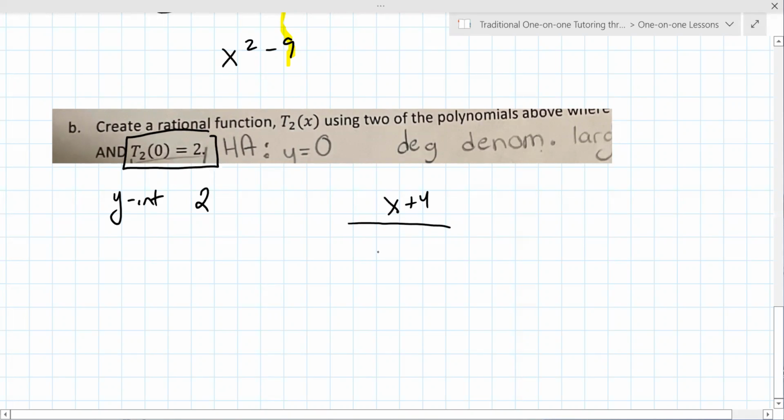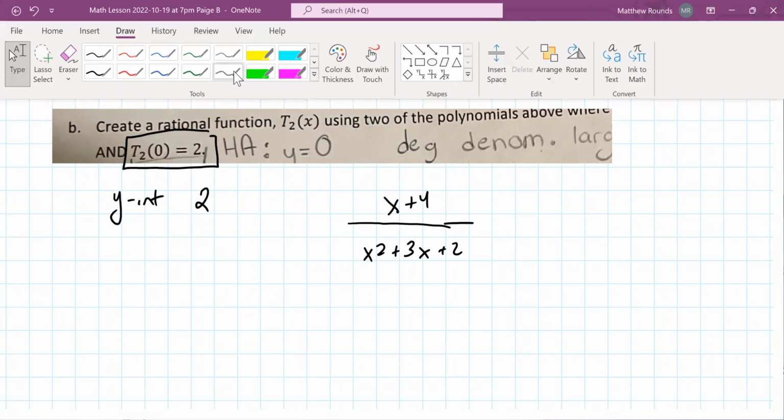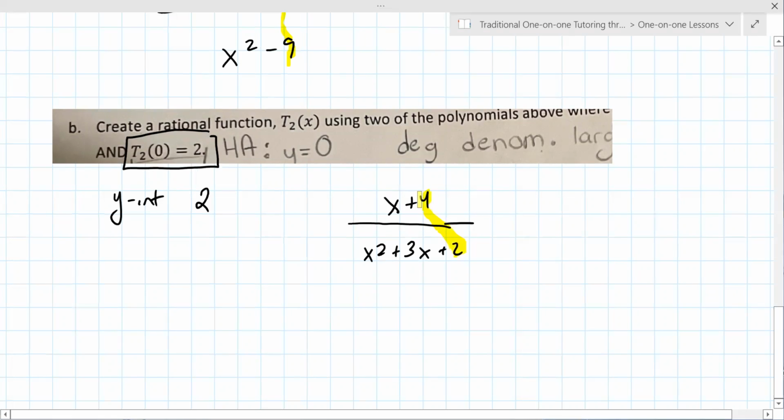And I know you keep factoring it, but I'm going to look at the non-factored form, x squared plus 3x plus 2 in the denominator. That's the only way you get 2 as a y-intercept. There's no other ratio of 2 numbers, because you'd have to have a 6 and a 3, or an 8 and a 4. You'd have to have one number double the other. All right. Right. Is that clear?